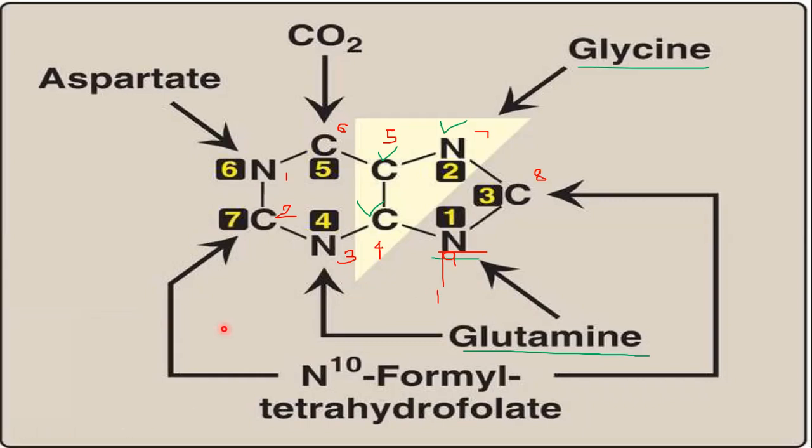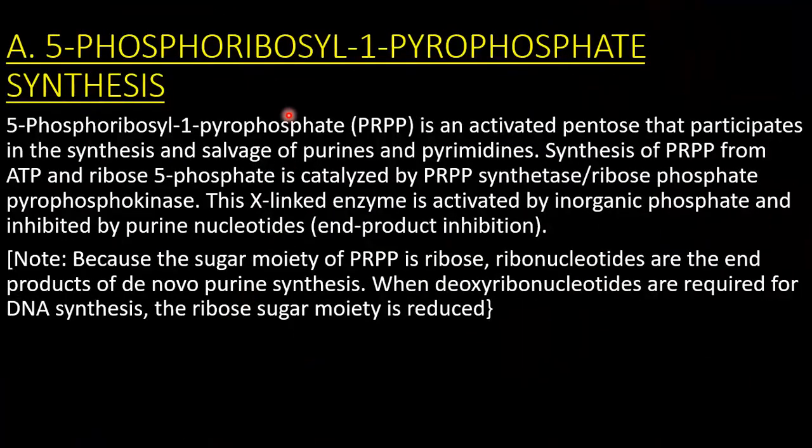Now let's continue. Which is the first reaction? In fact, this is one of the important reactions in purine synthesis, but it is not considered the first reaction because you will also need it in the salvage pathway and other reactions.